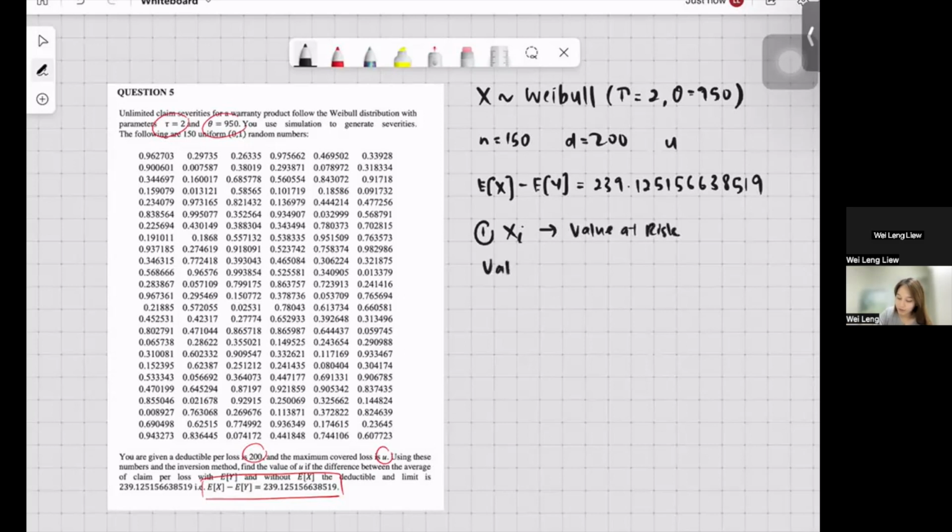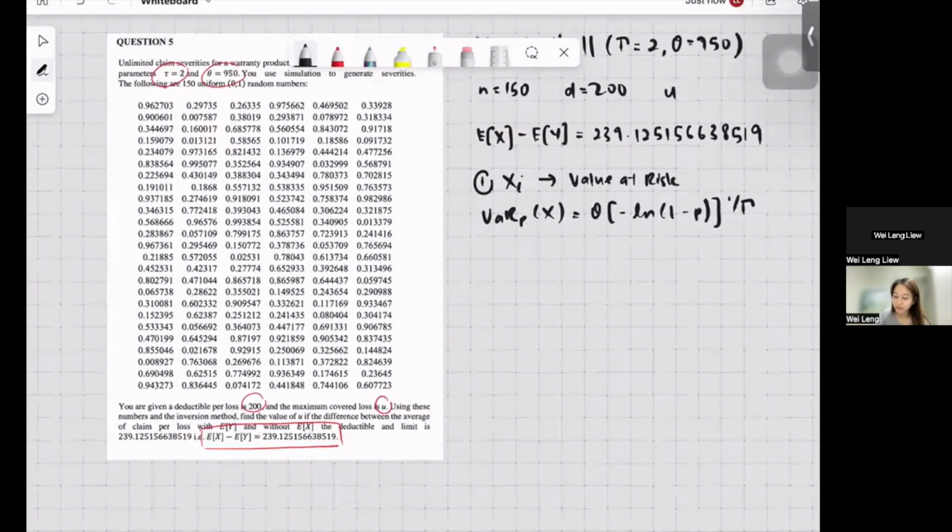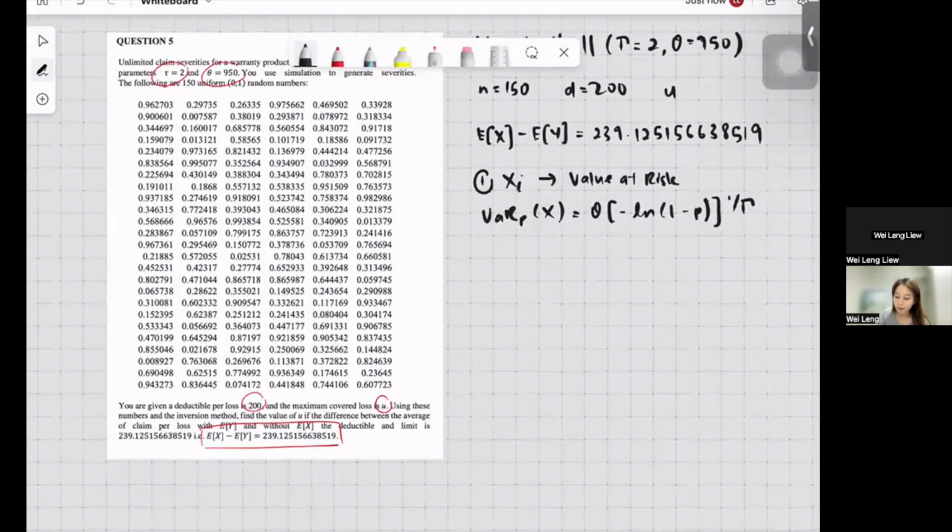The VaR formula for Weibull is theta times negative ln(1 minus p) to the power of 1 over tau. We input the random number into p to generate our value X together with the parameters given in the question. So we will have 150 claim severities.